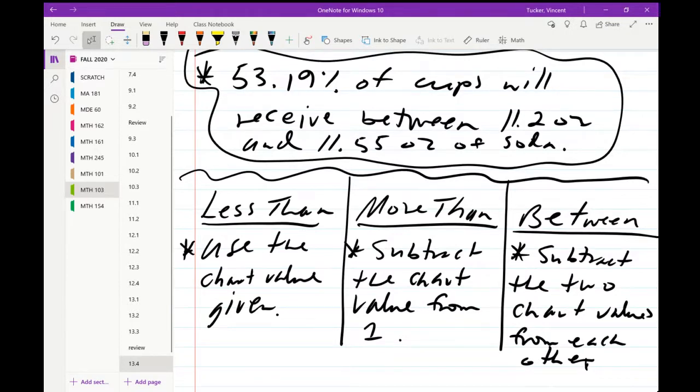They may say exactly less than or more than, or they could say below, shorter, colder, anything that suggests less than. And for more than, they could say greater than, hotter, taller, above. Those lend towards you doing more than and following that procedure. Those are your only three scenarios that could occur.